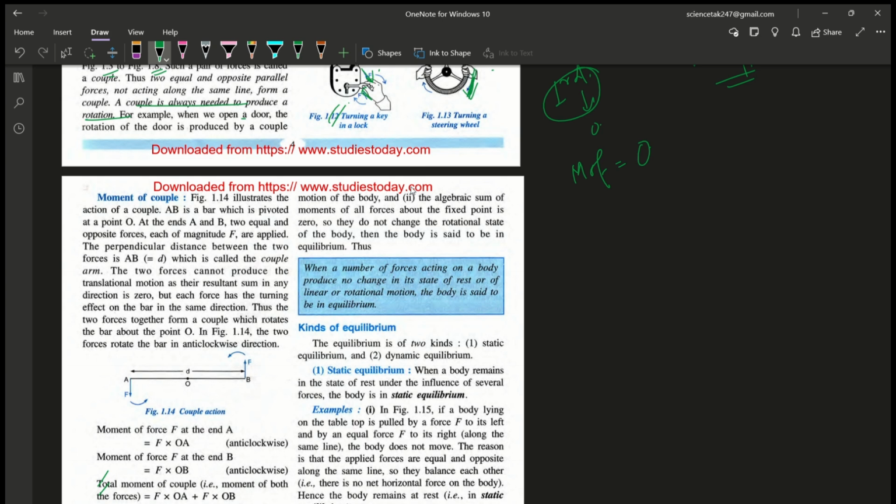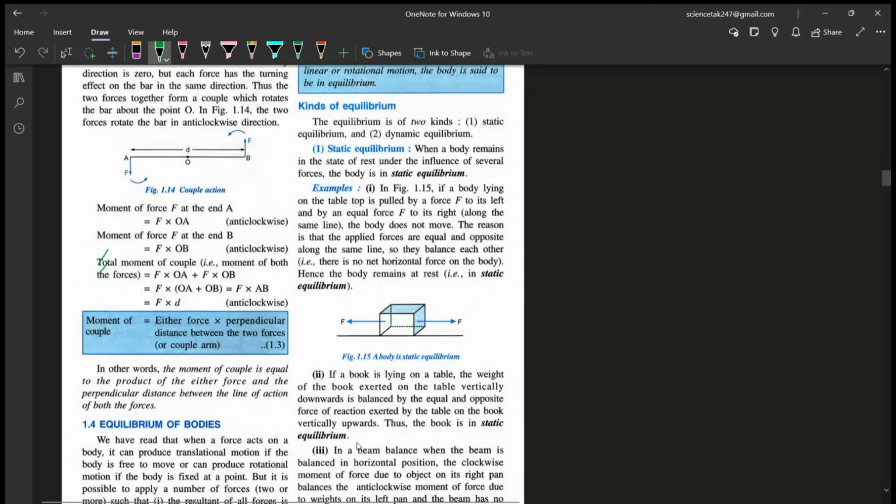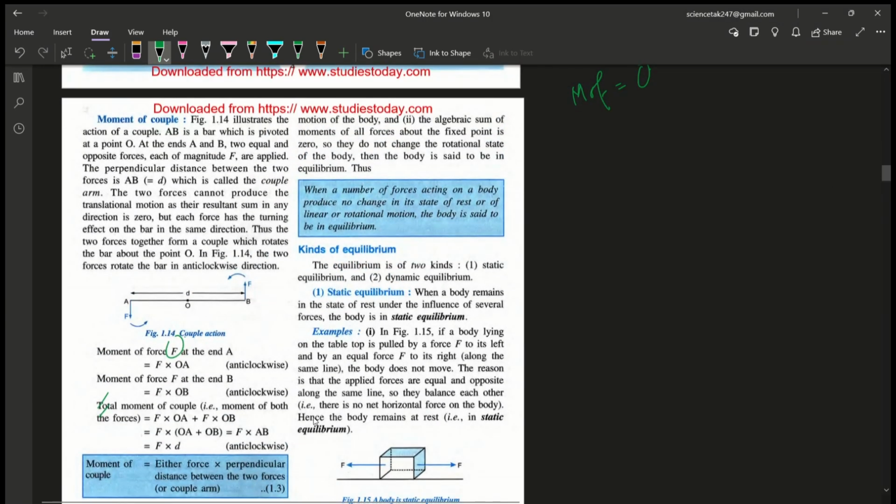Now, total moment of couple, that is going to be because of force F at point A. Look, this is your body where in one direction this way and another direction this way force is going to be applied at point A and point B respectively.